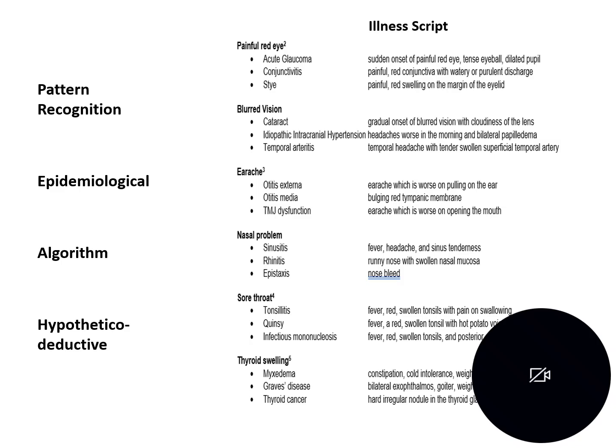Let's say the problem in the EENT region was the complaint of a lump in my throat, and then you find in your examination bilateral exophthalmos, goiter, and unexplained weight loss.